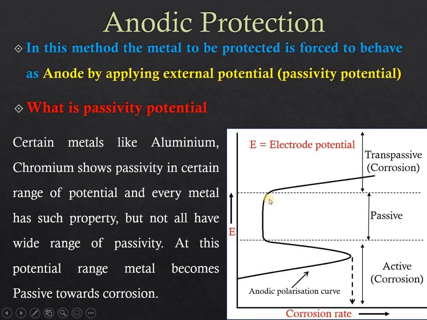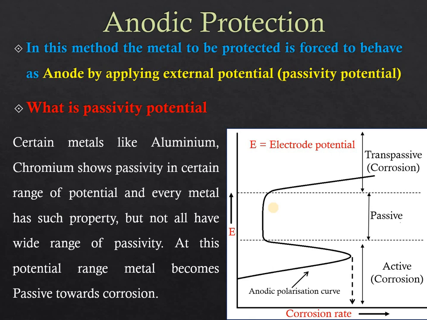So this passivity potential range for metals like aluminum and chromium is broad, and this is not the same with all metals.